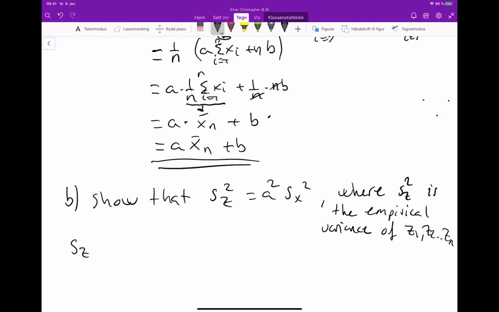How can we write the variance of the zi's? Well, we know the general formula for the empirical variance. That is 1 divided on n minus 1 times the sum of the variable we are dealing with, which is this time the zi's, zi, minus the average of these zi's in the power of 2.